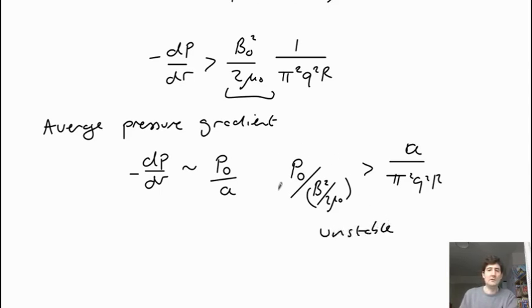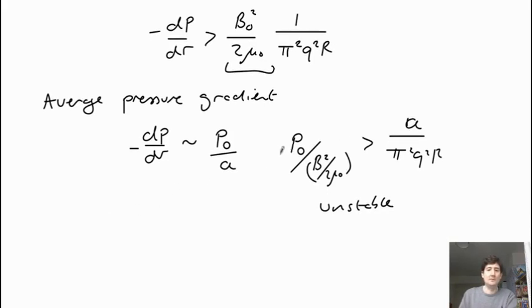And so this gives us a limit on this beta, because this left-hand side is the ratio of the fluid pressure to the magnetic pressure, and this is the beta. So this beta term must be less than this a over.